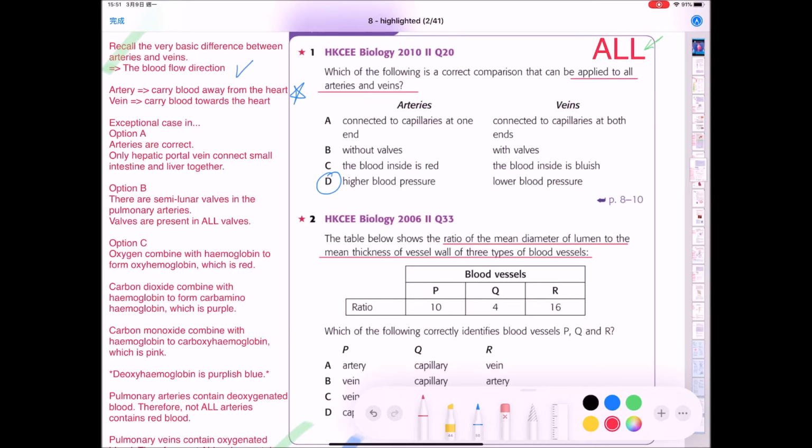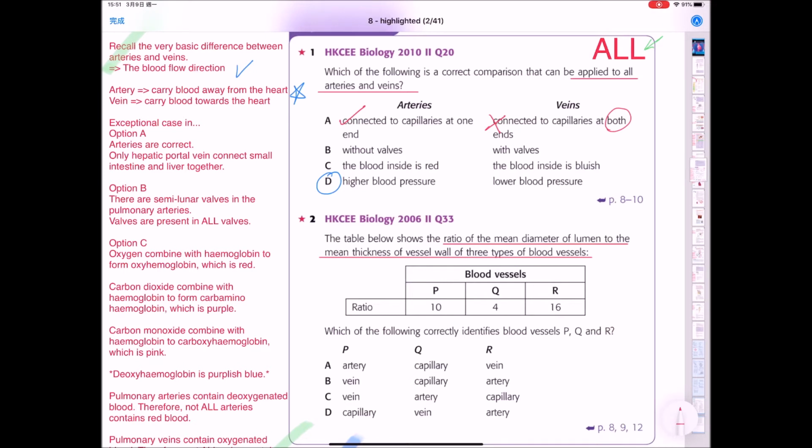For option A, the statement is correct for the arteries: they connect to capillaries at one end. For example, we pump the blood to the brain, so the capillaries are at that end in the brain. But for the veins, this statement is not correct. It says veins connect to capillaries at both ends.